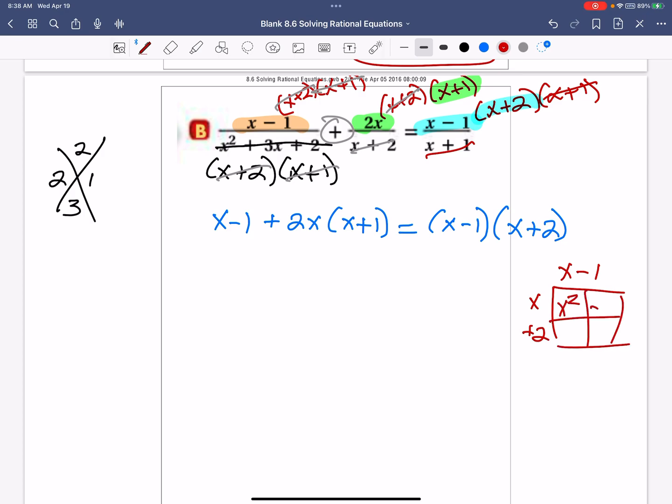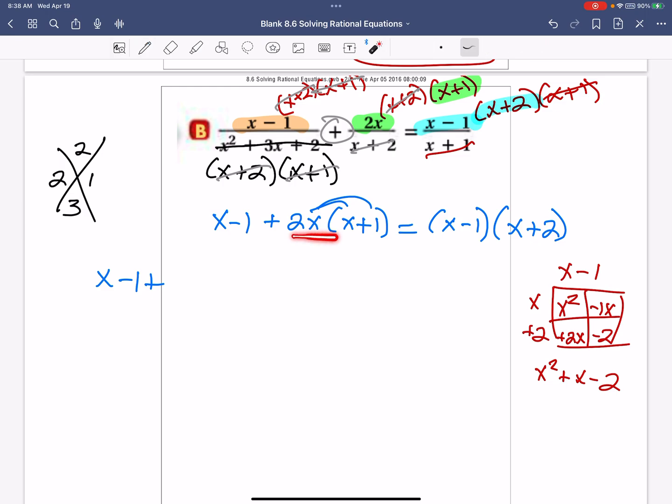Right, we get x squared minus 1x plus 2x minus 2. So when we combine all that, we get x squared plus x minus 2. So we're going to plug that back into the equation here. So we have x minus 1 plus, and I'm going to go ahead and distribute into the parenthesis.